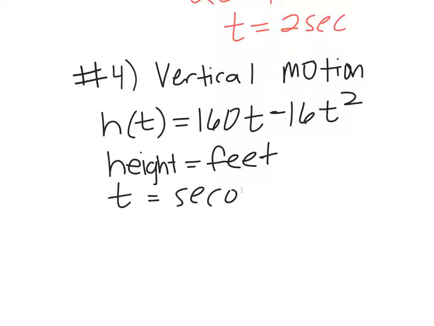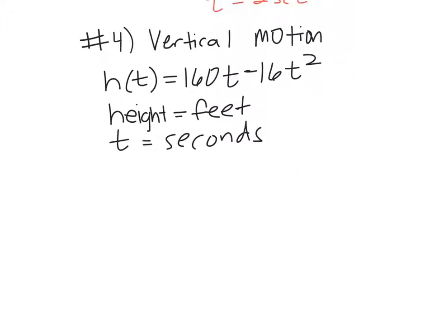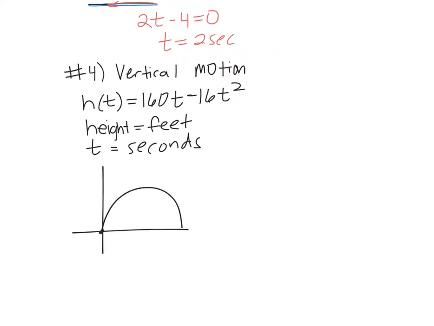All right, so there's a rock on the ground, a blast sends it up, and you can kind of picture that, right? You could also graph it, but we're going to use calculus to solve all these questions. So it's an upside down parabola.